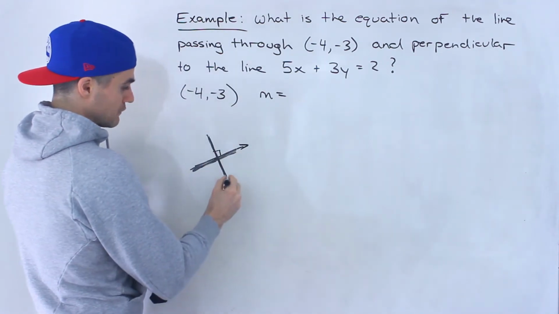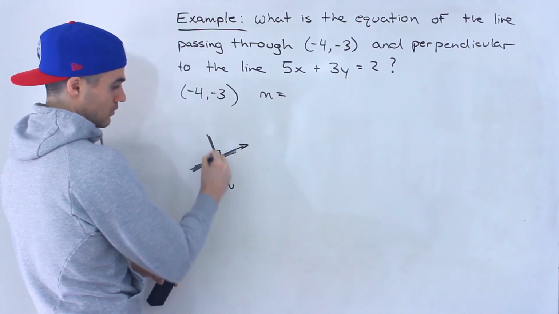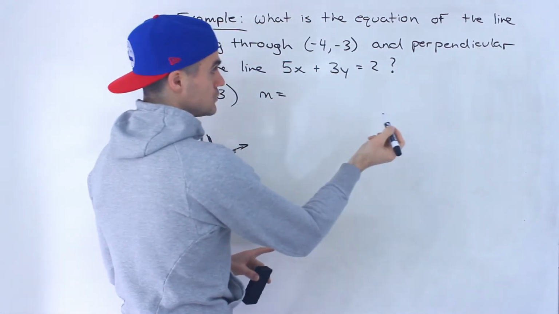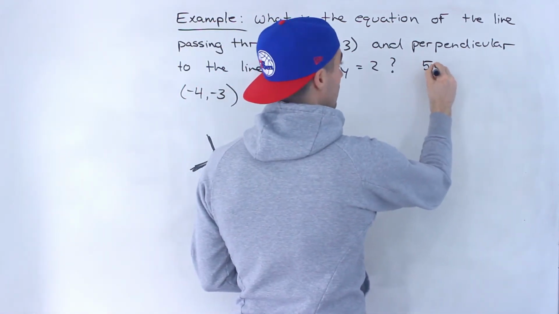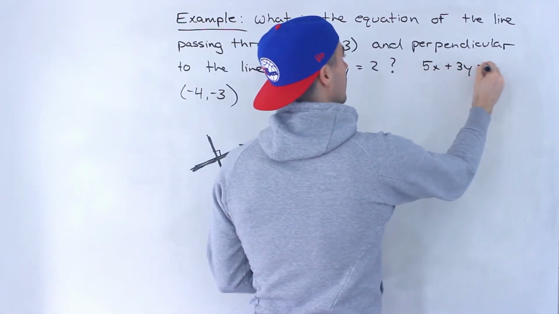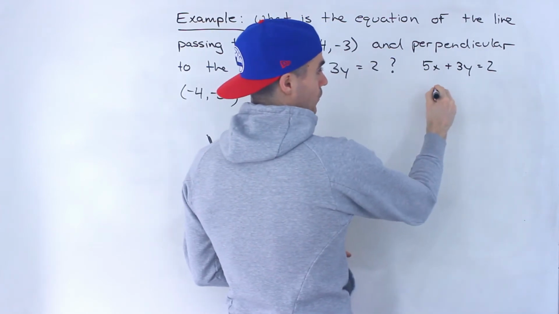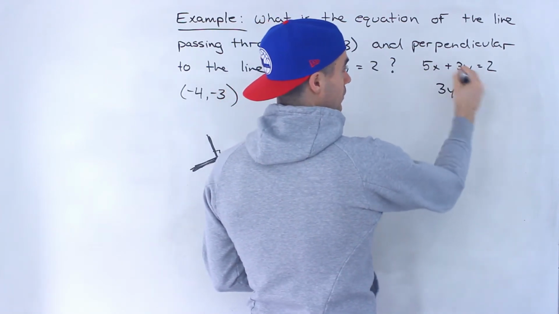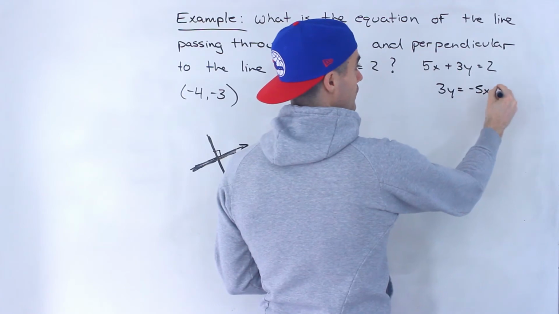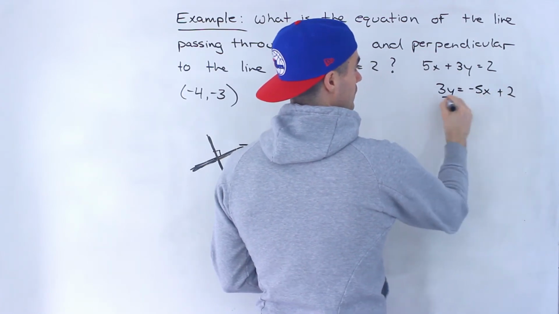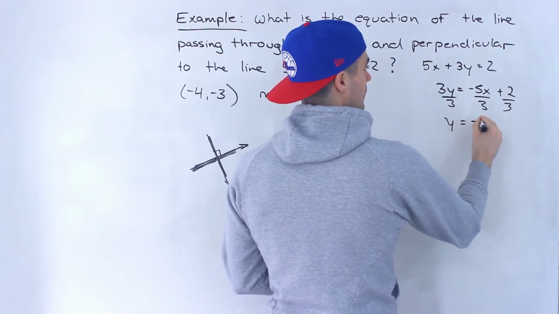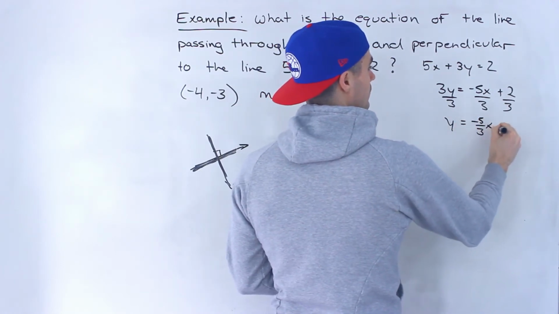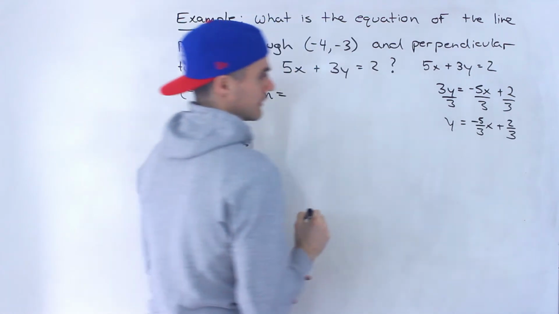So what we could do is find the slope of this line over here, because we have the equation. The way we do that, we put this in y equals mx plus b form. If I write it out over here, I isolate for y, bring the 5x over, and divide everything by 3, like that.